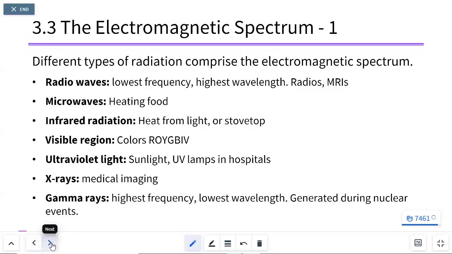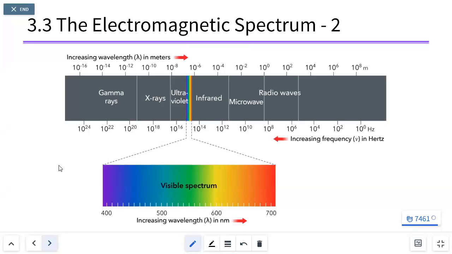The electromagnetic spectrum is just that. It is a continuous march of frequency and wavelength from that low energy, high wavelength to this high frequency stuff on the other side with gamma rays. Inside of the visible spectrum, you can see that this is truly a spectrum.